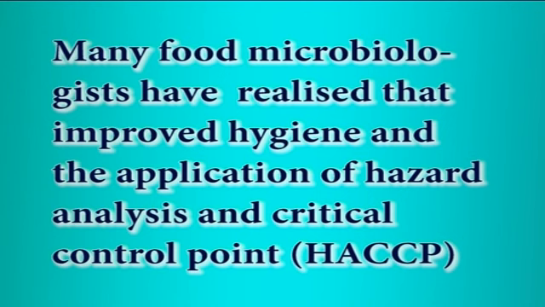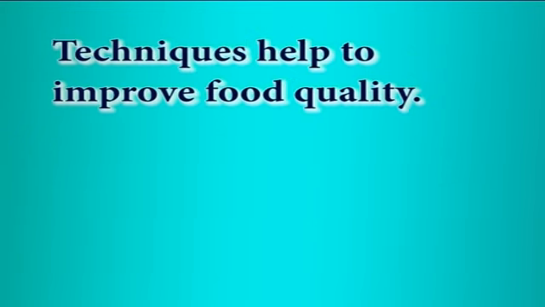These modifications have improved the quality of the food products without the use of extreme or a single technology. Many food microbiologists have realized that improved hygiene and the application of hazard analysis and critical control point, called HACCP, techniques help to improve food quality.